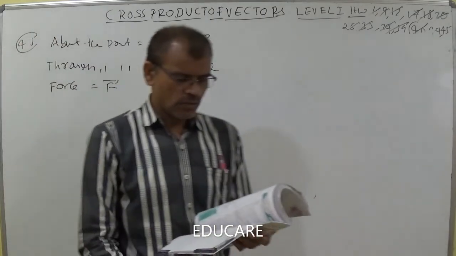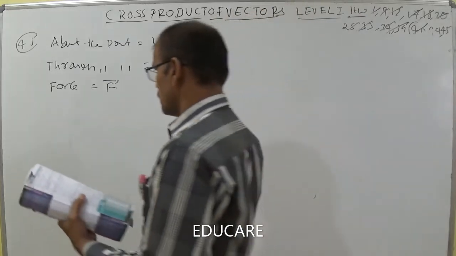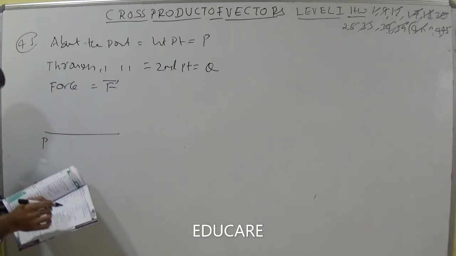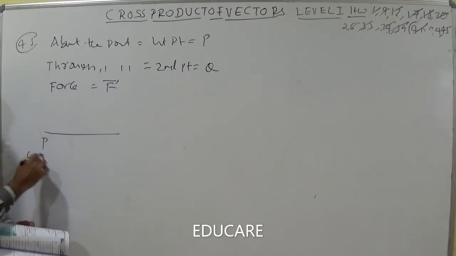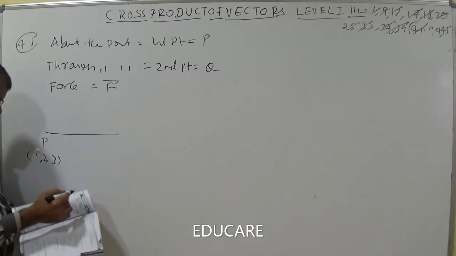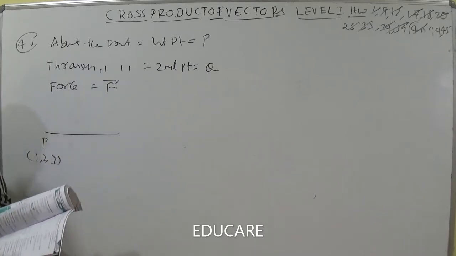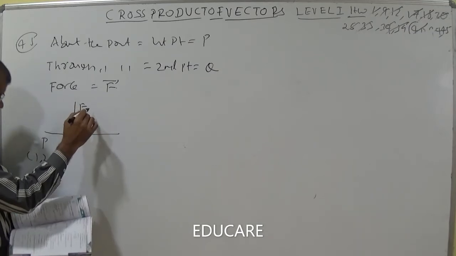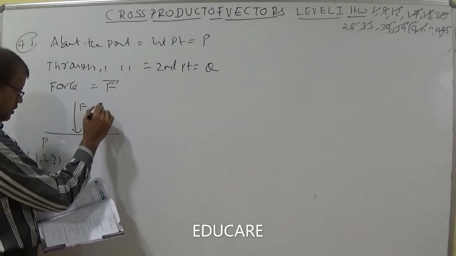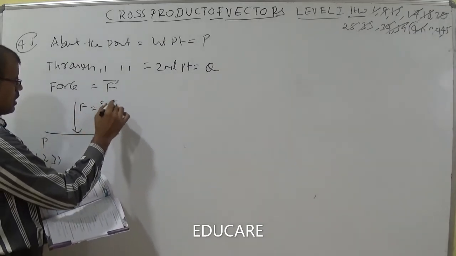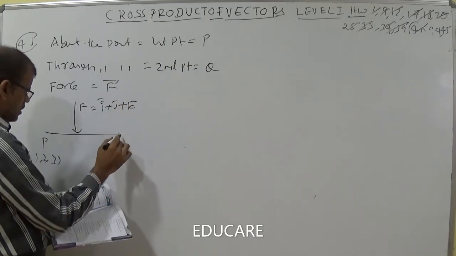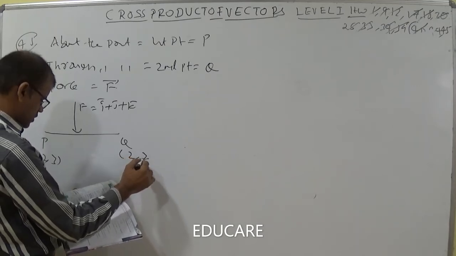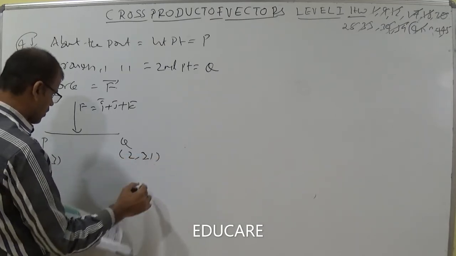Now you read the moment about the point. Here, about the point is P. This is P: 1, 2, 3 he given. I am writing here components 1, 2, 3. For a force represented by, this is force. Read the question, don't get confused, then you will get an idea. F is equal to I plus J plus K, and this is Q. Q is through the point 2, 3, 1.